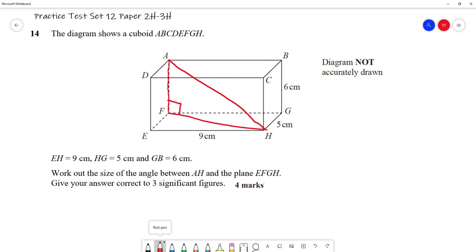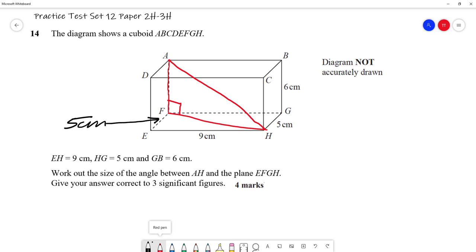So if we look at the base of the cuboid, that's E, F, H, and G. Now, I know that EH is 9 centimeters. Now, HG is 5 centimeters, which implies that EF is also 5 centimeters because opposite sides of a rectangle are the same.